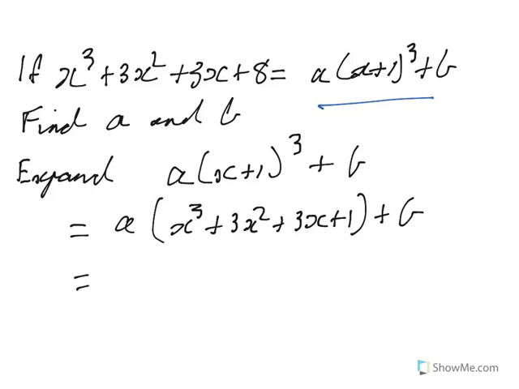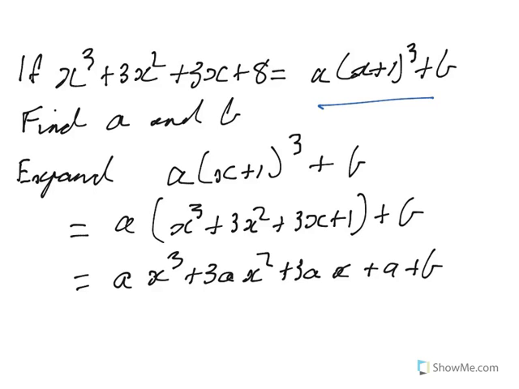So then we get ax cubed plus 3ax squared plus 3ax plus a plus b. And so now, as we say, we're equating the coefficients. What we know is these have got to be the same, and not only just those, but all the others have got to be the same.